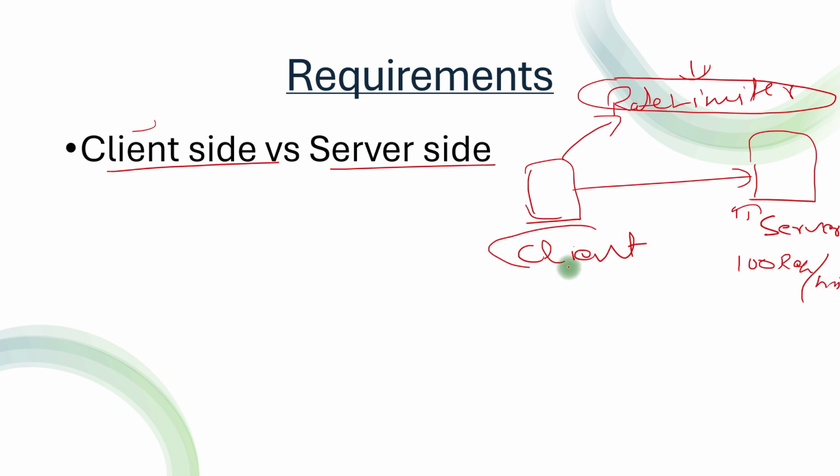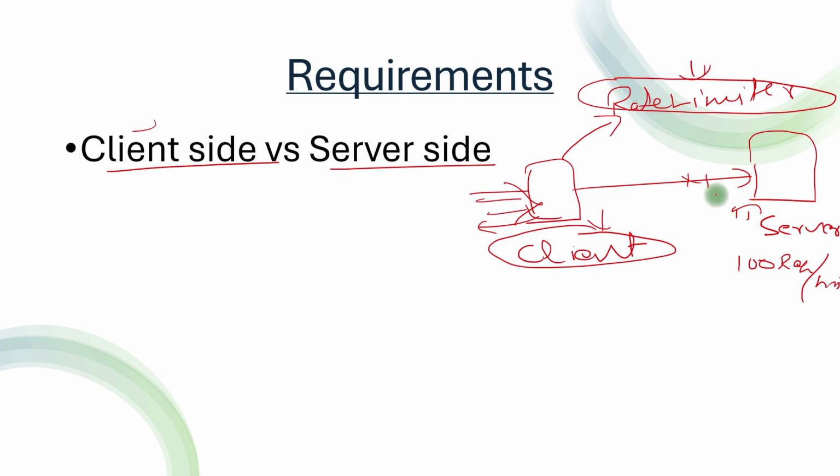So the client service can put these limits on the requests it is sending, so that after 100 requests per minute I cannot call the supporting service. Even if I call it, it will be denied, so why not return it from here to the user? This is one use case for putting the rate limiter on the client side.